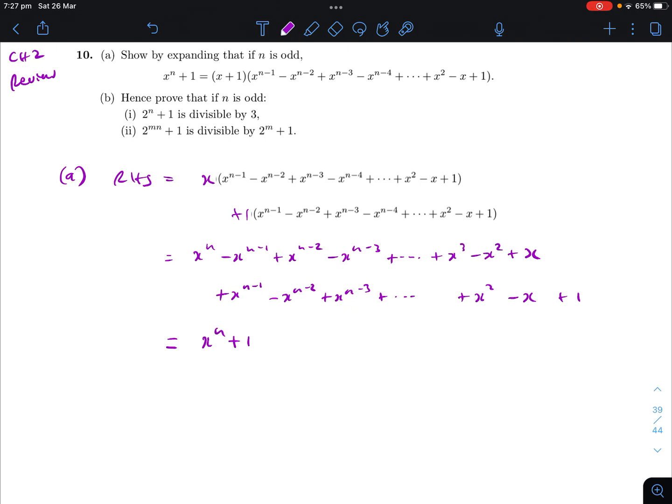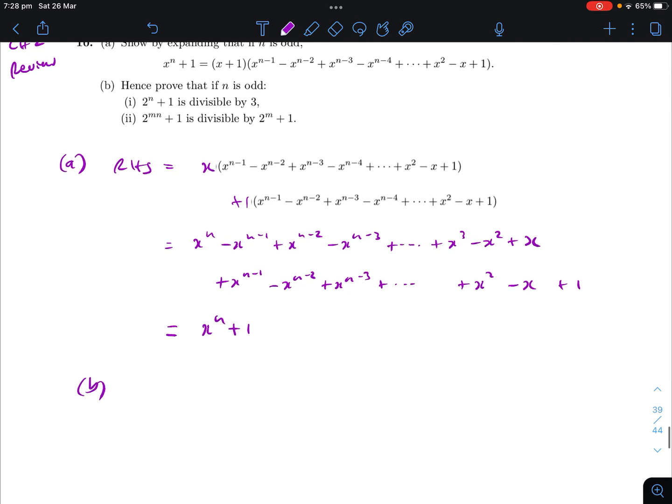Okay, great. And then part B, hence prove that if n is odd, 2 to the n plus 1 is divisible by 3. Well, 2 to the n plus 1 equals 2 plus 1 times 2 to the n minus 1 minus 2 to the n minus 2 plus ellipsis plus 2 squared minus 2 plus 1.